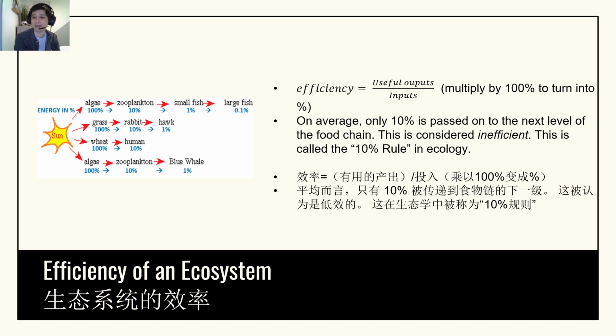This is called the 10% rule in ecology. At each step of the food chain, you only retain 10% of the previous trophic level. It's not always true, but on average that's the case.